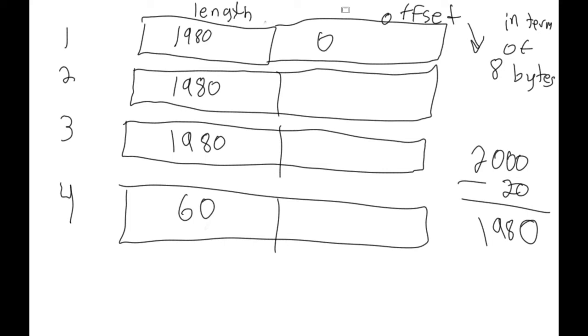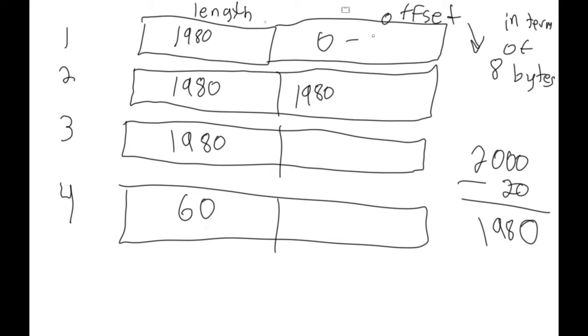For each of these offsets, I have to start at 0 for the first offset, and the second offset starts at 1980. But include the endpoints as well. Why this starts at 1980 is because first you're sending 1980 here, from 0 to 1979, because you start counting from 0.